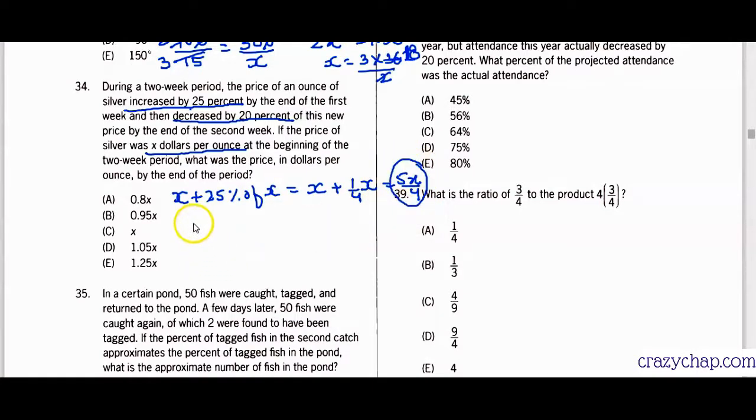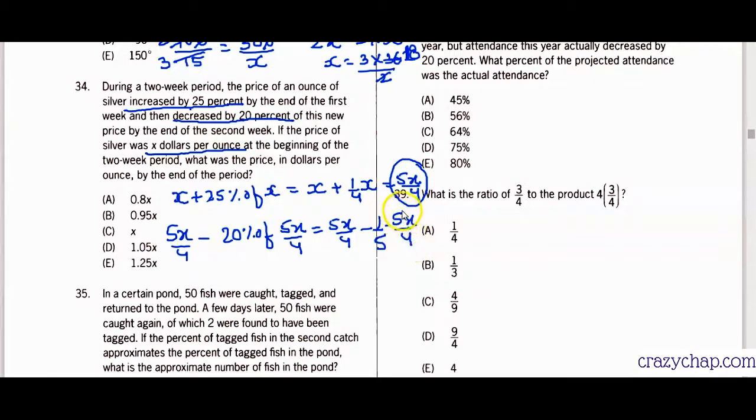Okay, and then the second time it decreases by 20%. So the value becomes 5X over 4 minus 20% of 5X over 4, right? 20% of the previous value. So we'll simplify this. 5X over 4 minus 20%, which means 1/5. You must remember these values. Times 5X over 4.